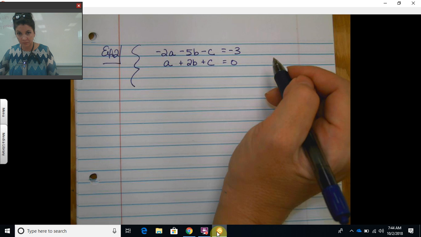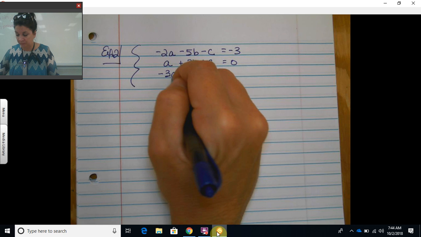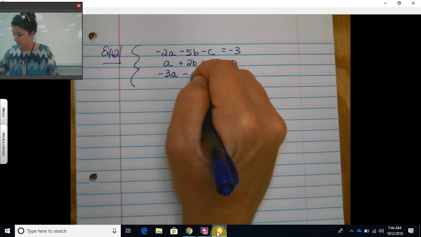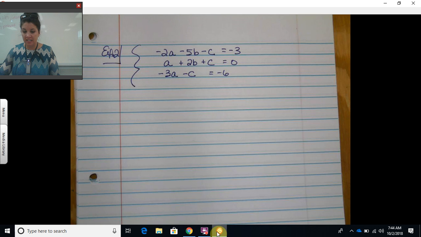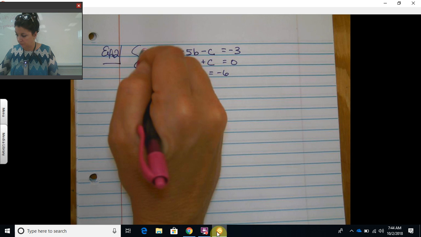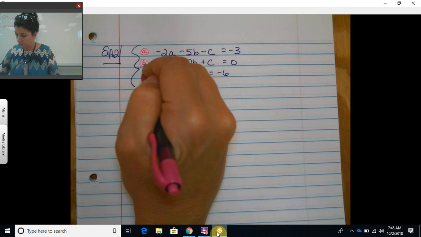And we have negative 3a minus c equals negative 6. And again, just so I have a point of reference, I'm going to label these as equation A, equation B, and equation C. Nothing to do with the variables in the problem, okay? Just as a point of reference.